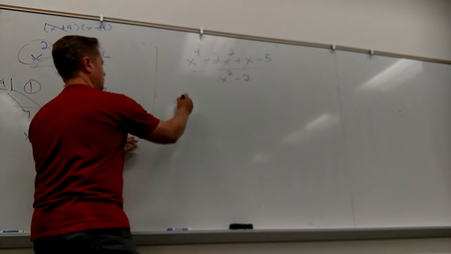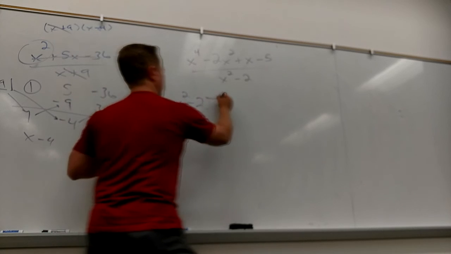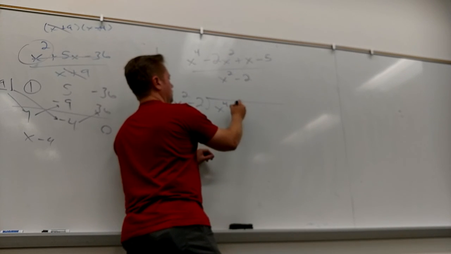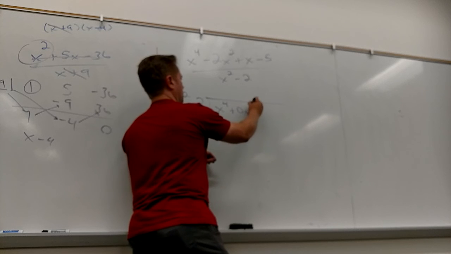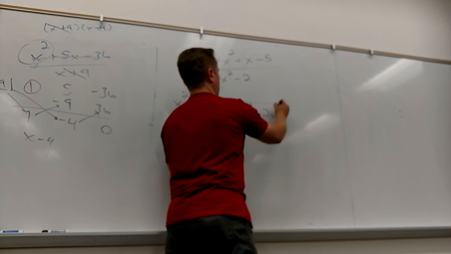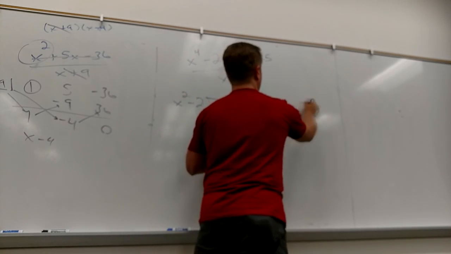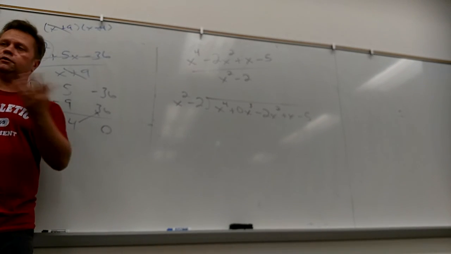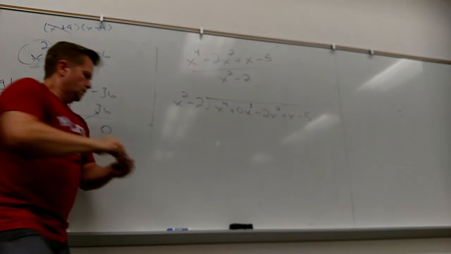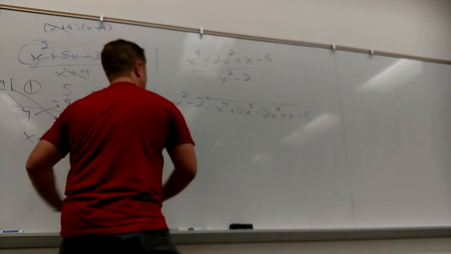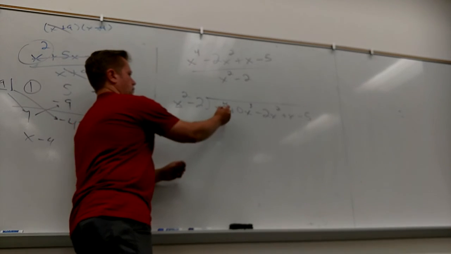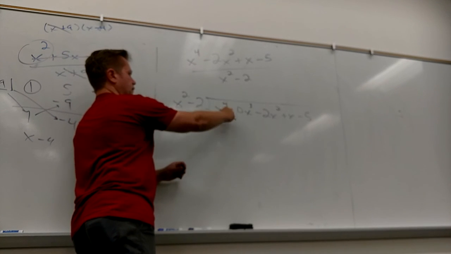So let's see. What do I have to do when I do this inside here? x to the fourth, plus 0x to the third, minus 2x. You don't absolutely have to, but it definitely helps. And maybe you do it and you don't need it. Oh well, it's fine. All right, so help me out here. It starts with an x squared. x squared times what is x to the fourth? x squared.